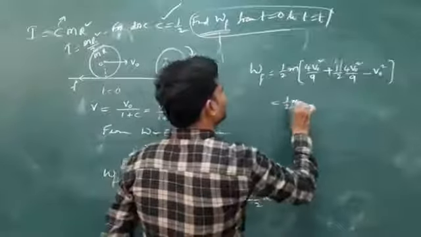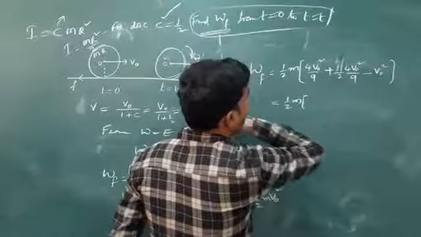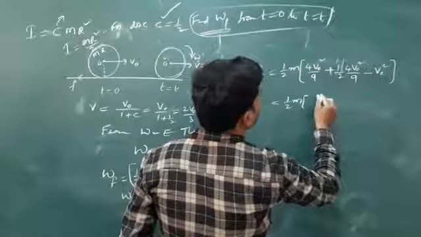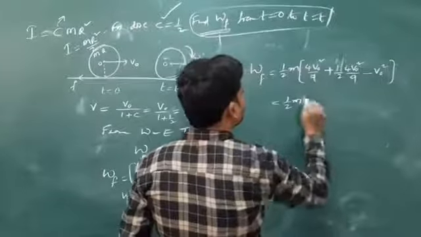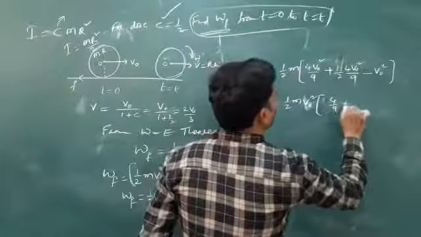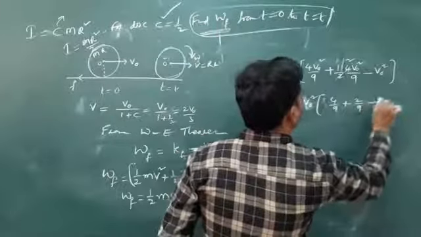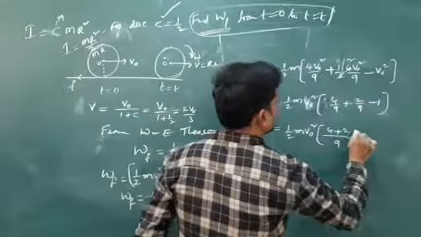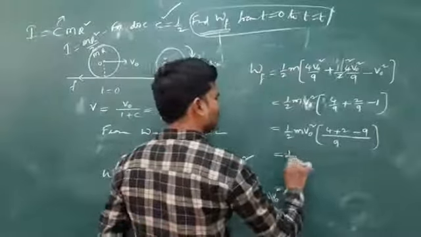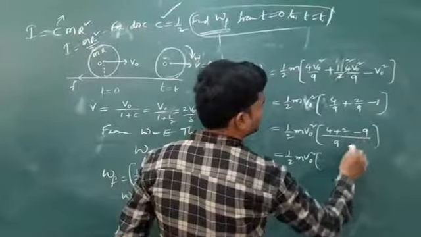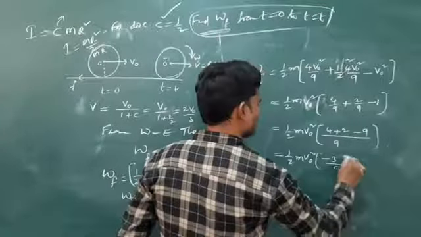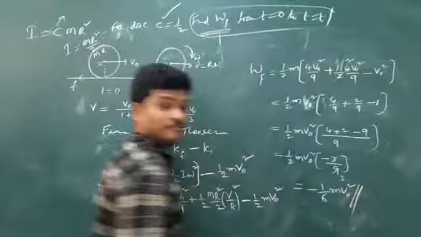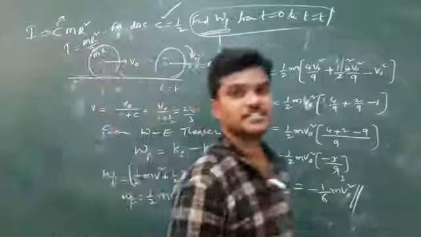Half m 4 by 9, 1 plus 1 by 2, minus 1. Something negative we are getting: half m v0 square, 6 minus 9, minus 3, so minus 1 by 6 m v0 square. So this is the work done by the frictional force.